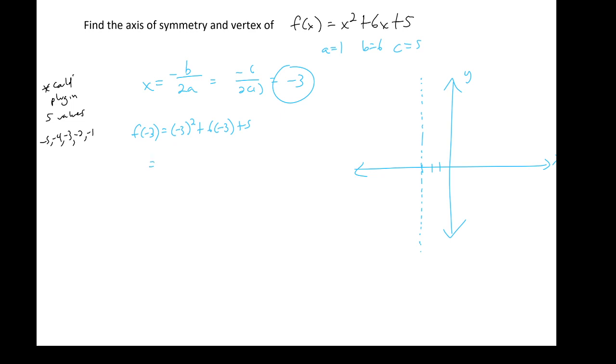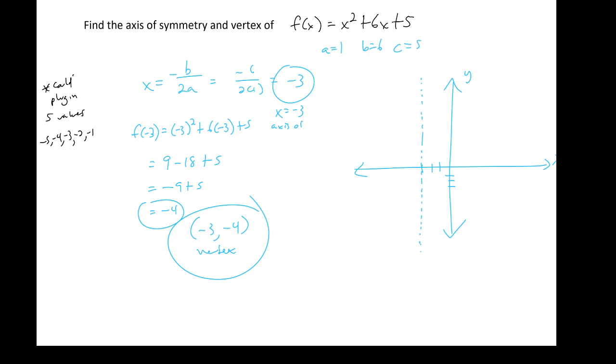That's equal to 9 minus 18 plus 5, which is negative 9 plus 5, or negative 4. So the point negative 3, negative 4 is my vertex. Okay? X equals negative 3 is the axis of symmetry.